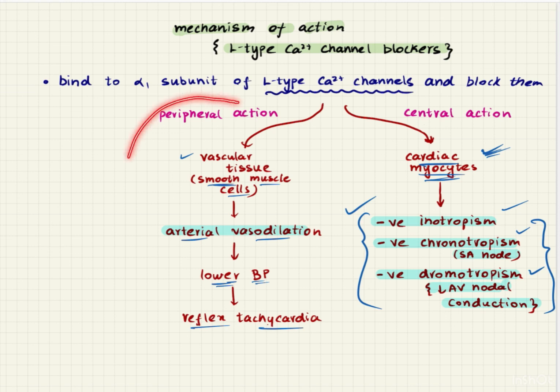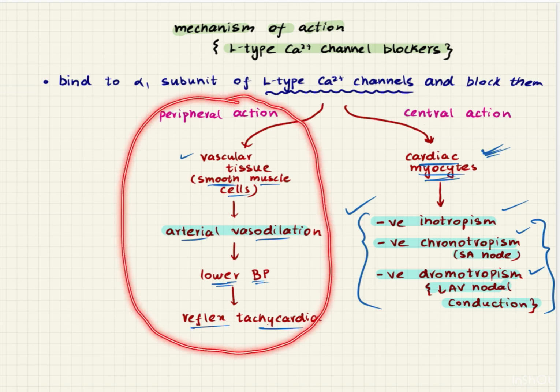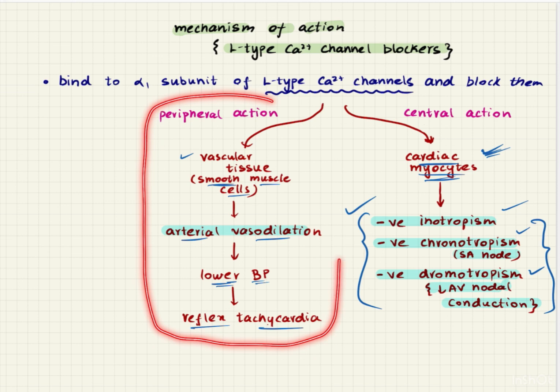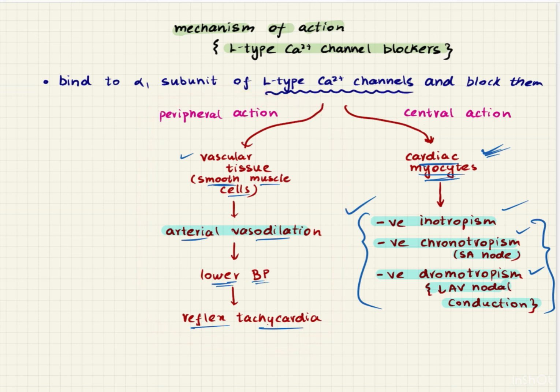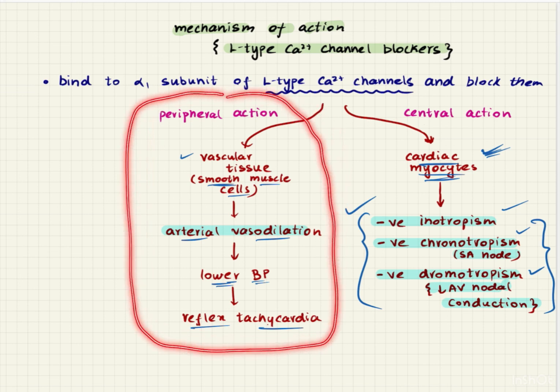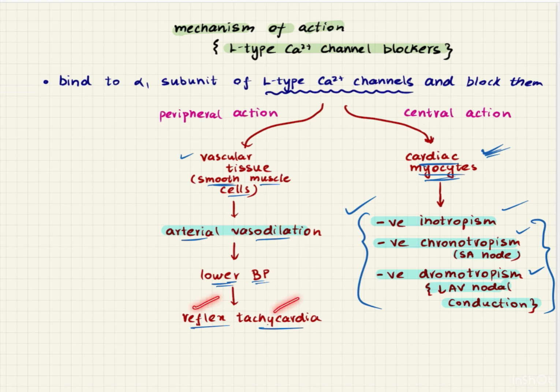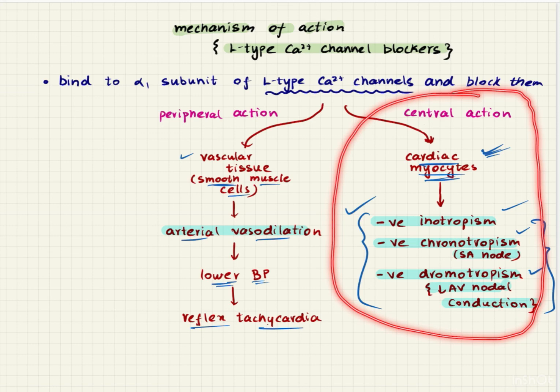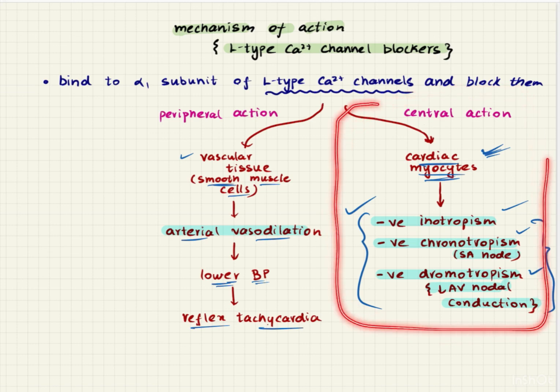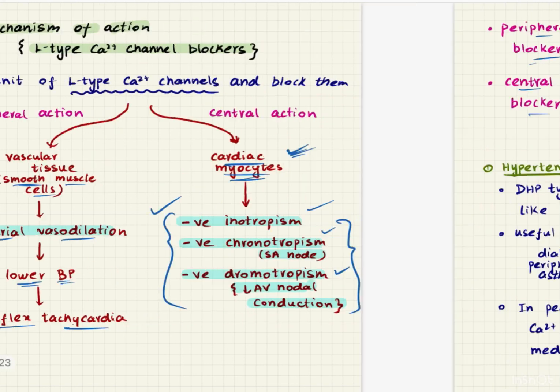So the dipines are more prominently used for the treatment of hypertension. They lower the BP, but some of them also cause reflex tachycardia. While verapamil and diltiazem are mainly used for their direct central action on the heart.